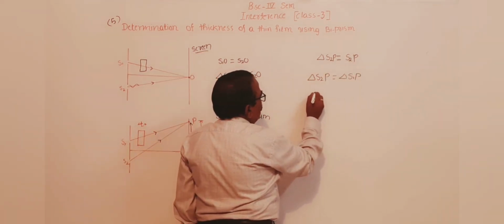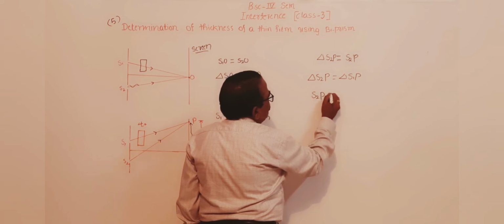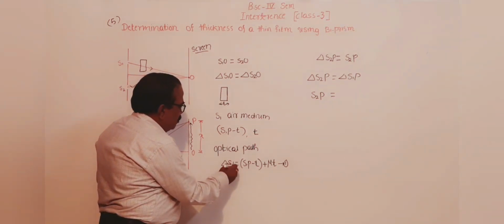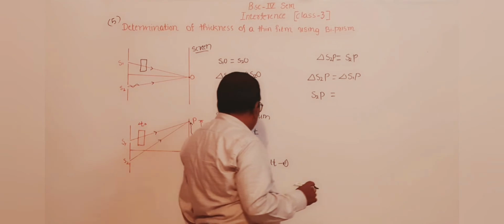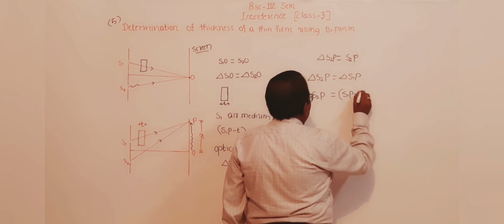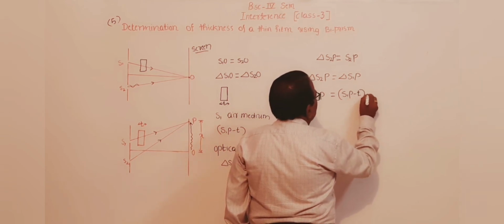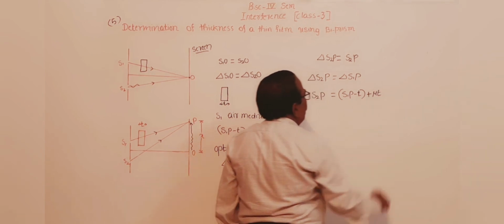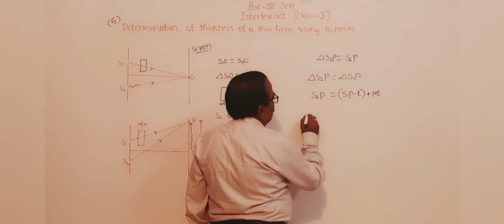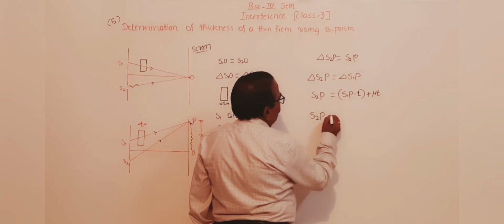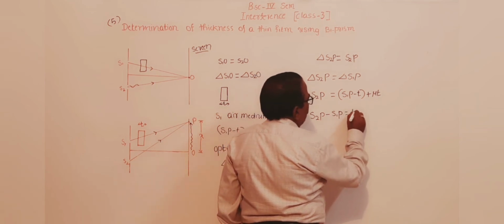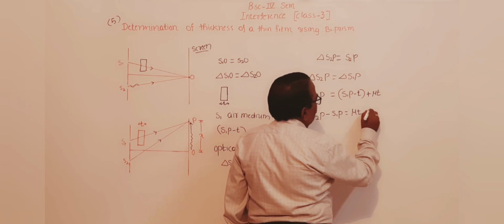It is S2P, and this delta S1P is S1P minus T plus mu T. Then S2P minus S1P is equal to mu T minus T.